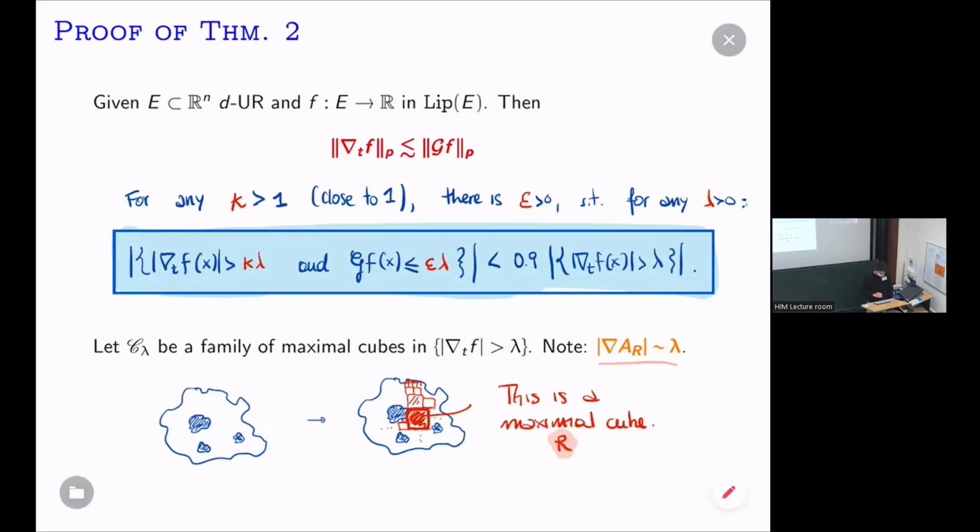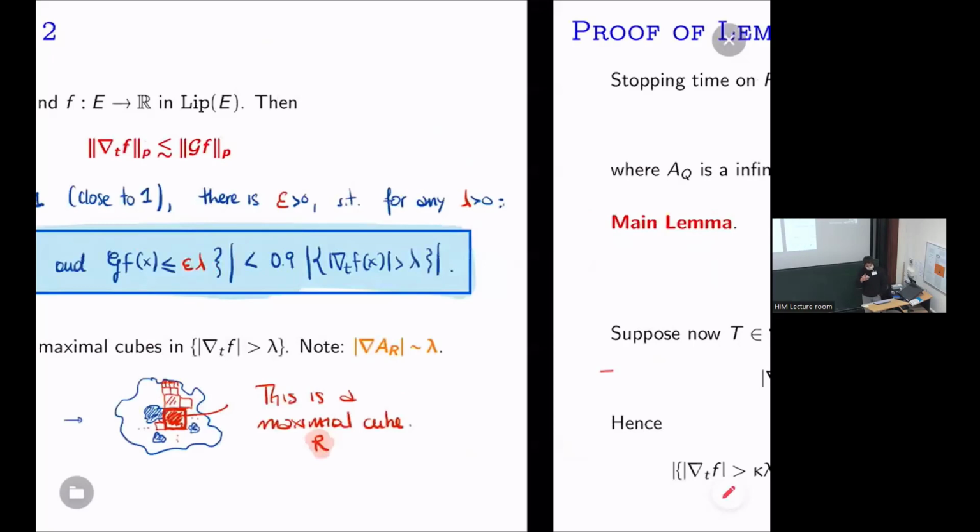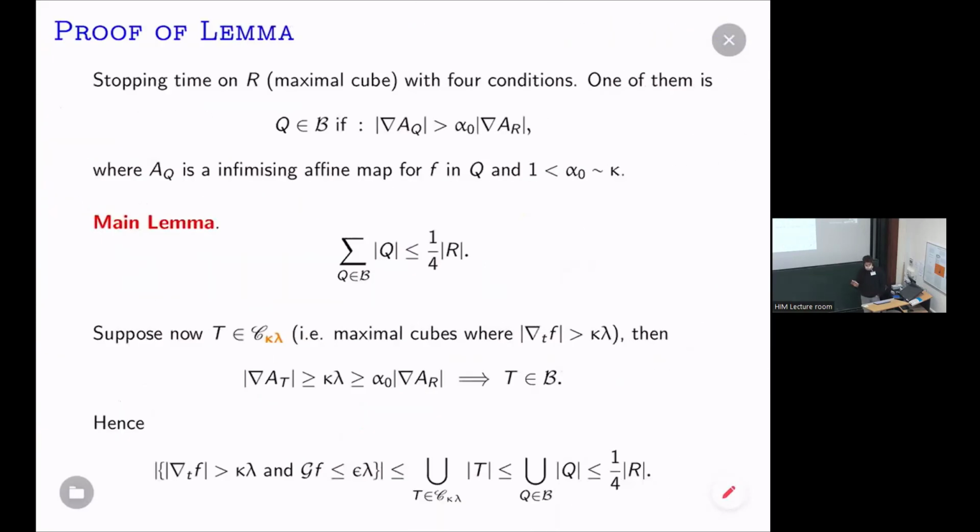And so then what do we do? Now we run a stopping time argument on each of these maximal cubes, which has 4 conditions. But the most important one is the following. We run a stopping time argument and we stop when we meet a cube Q such that the best approximating affine function of our function f has gradient that is too large with respect to the gradient of the maximal cube R. In this case, we put Q in bad and we stop.